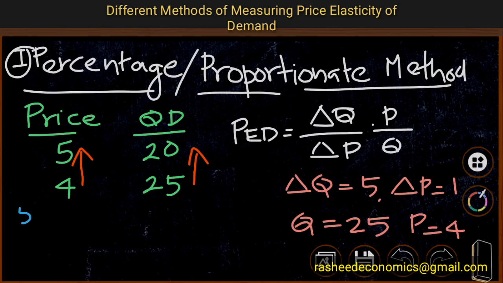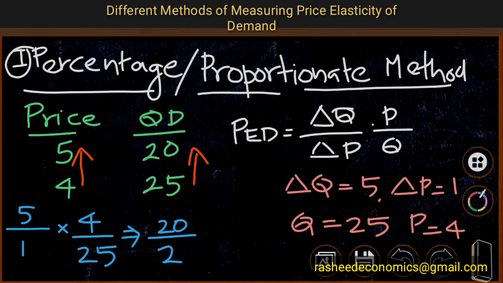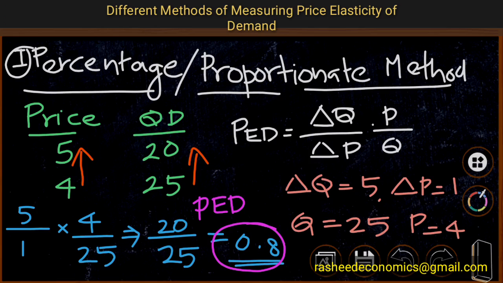Now by applying these values into the formula delta Q by delta P into P by Q, we get 5 by 1 into 4 by 25, that is equal to 20 by 25, that is equal to 0.8. Here the value is less than 1, therefore price elasticity of demand is less than 1.